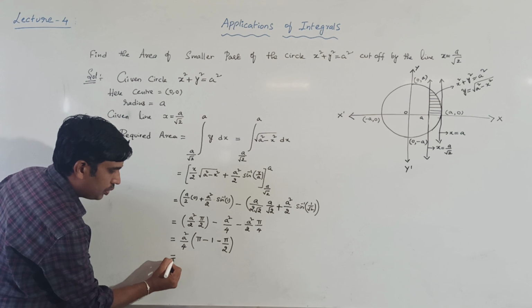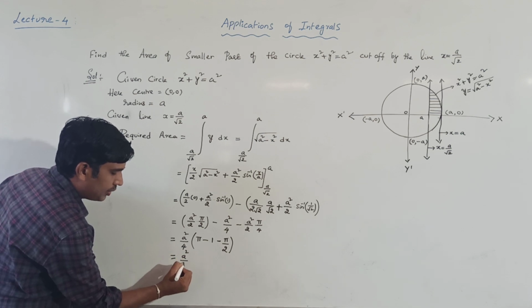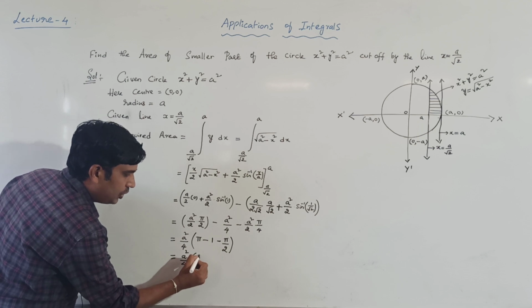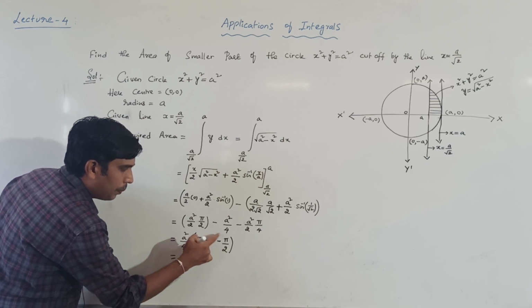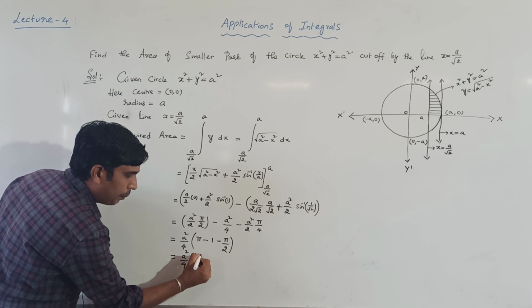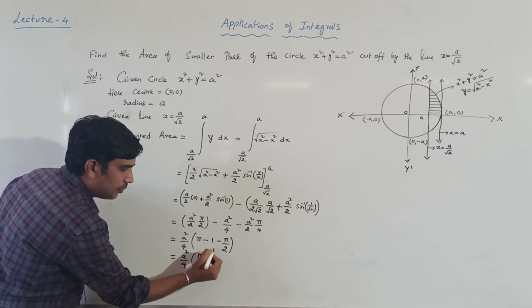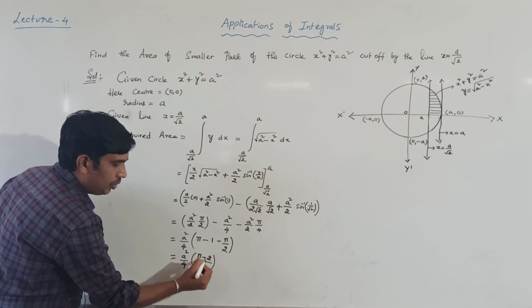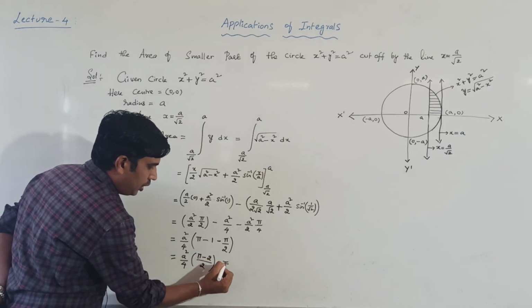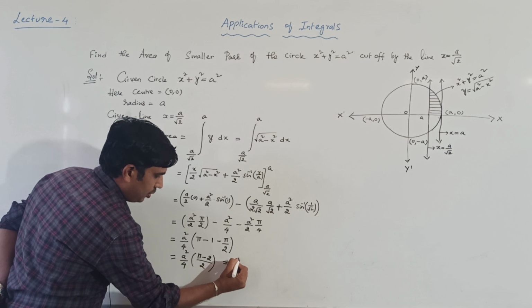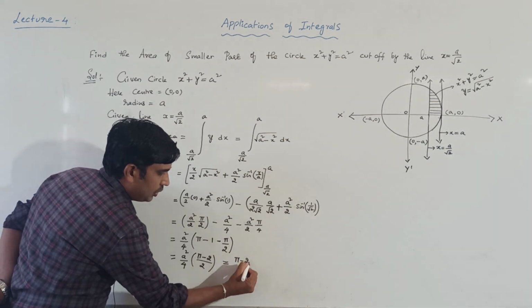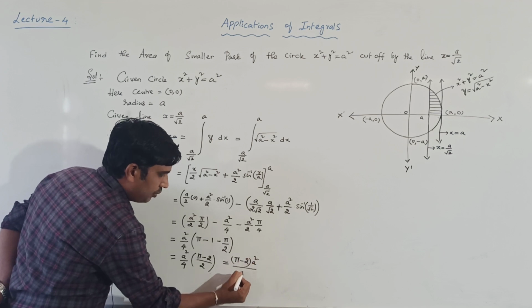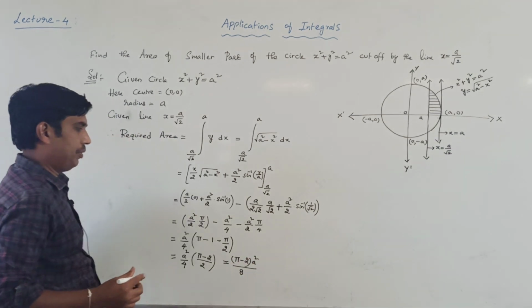Taking the LCM, we get 2 pi minus pi, nothing but pi, minus 2 by. So the answer is pi minus 2 into a square by 8.